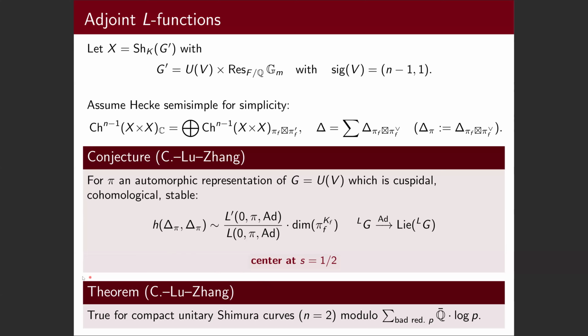We need to use these Burgos-Kramer arithmetic Chow groups. But for what we can actually prove at the moment, we restrict to the compact case, the compact unitary Shimura curves. In general, one can arrange it to be compact if we work over, as you know very well, a totally real field, then you can avoid this compactness issue.